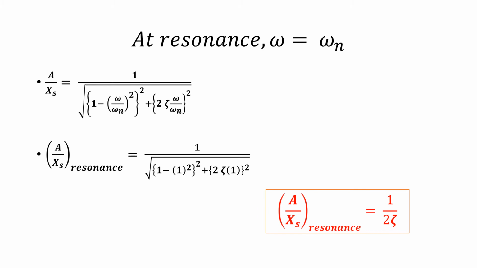Now we find at resonance, omega is equal to omega n. If zeta is 0, then we know A by xs approaches infinity. But for all other values of zeta, in this relation of A by xs, we put omega equal to omega n.